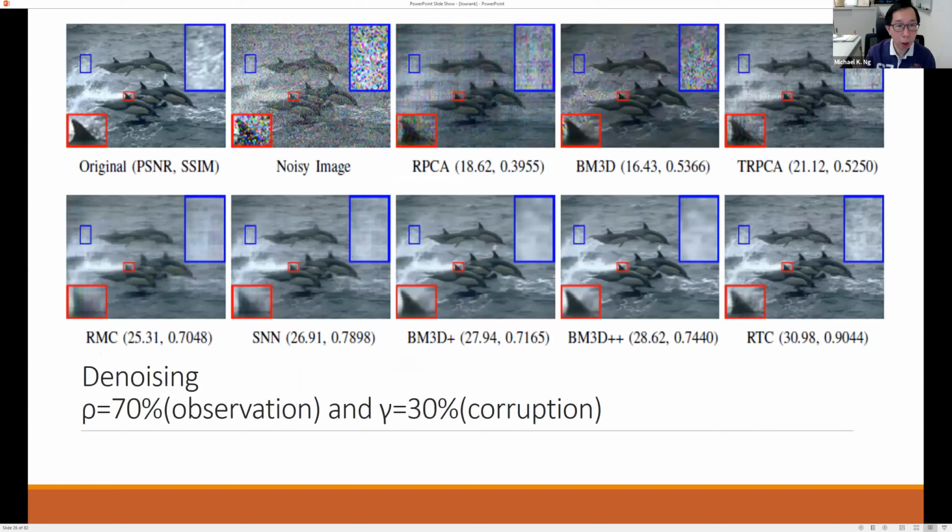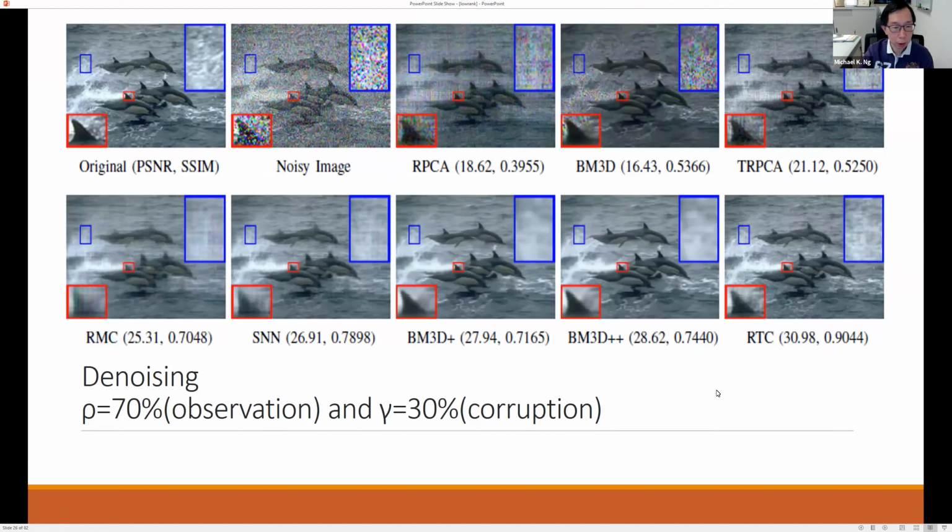And so I show more pictures. You see that this is a color image denoising. This is our method. In terms of the visual effect, we are much better compared with the others. This is the noisy one. Okay. We also compare with other methods like SNN, which is based on the sum of the nuclear norm, and also the matrix version of this completion, and also PCA.